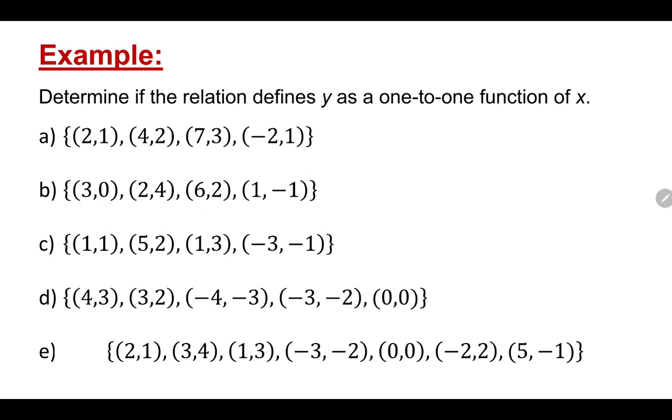Well, right here this 2 and this -2 both give me exactly the same output. They both give me 1. So if I have two x's that give me the same output, then it is not one-to-one.